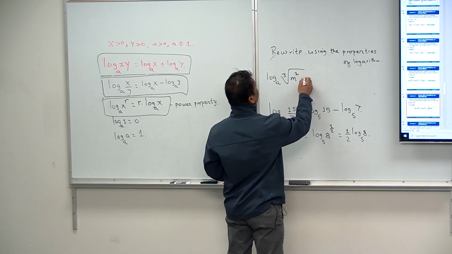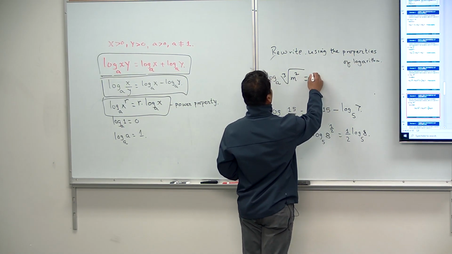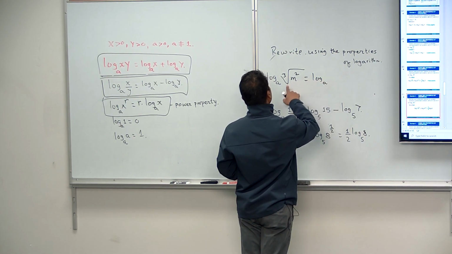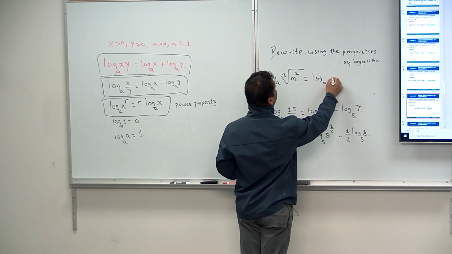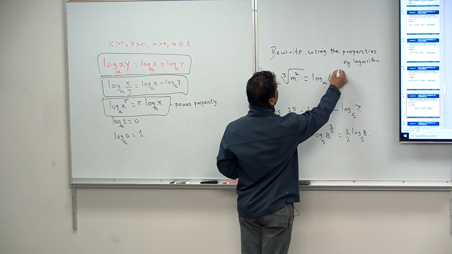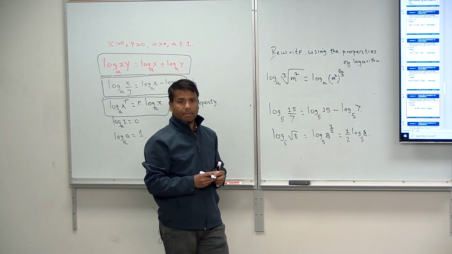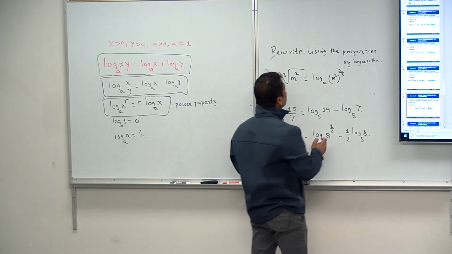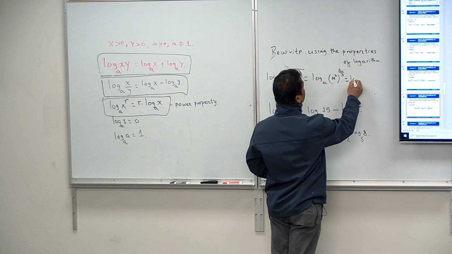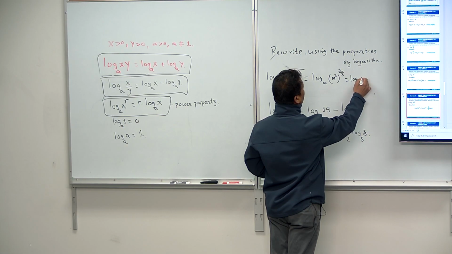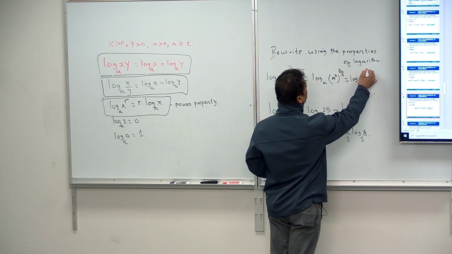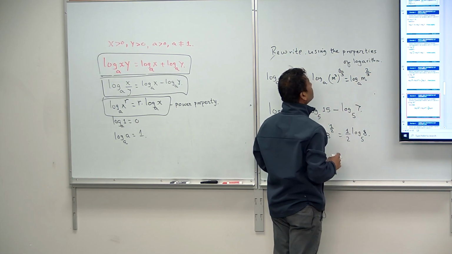So this is the same as logarithm with base a of the cube root of m squared, which is the same as m squared raised to the power 1/3. And so this is the same as logarithm with base a of m to the power 2 times 1/3, which is 2/3.